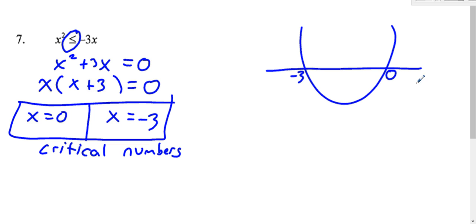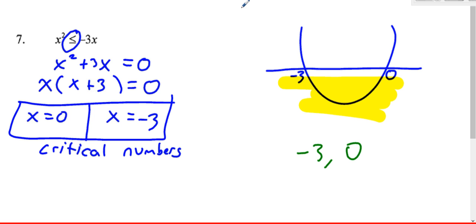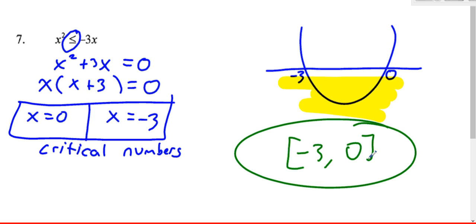Less than means we're looking at the bottom side of this graph. The bottom side has the one piece to it. It's all connected, has one piece from -3 to 0. The last thing you need to check is that it's got the or equal to. Or equal to means that this answer is going to have brackets instead of parentheses. If it was just less than, it would have parentheses.